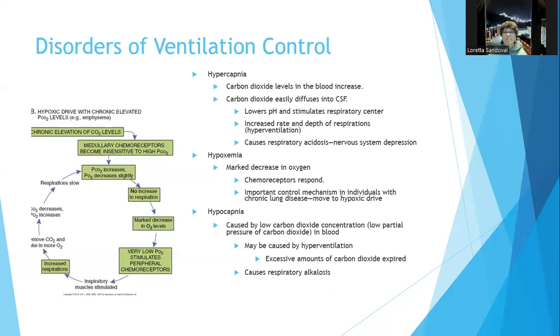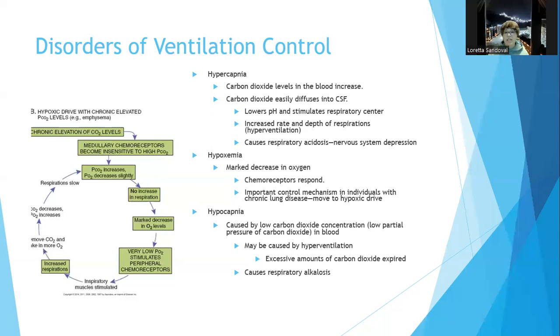Hypercapnia. So this is a little bit of terminology. Hypoxemia. So hypo is low, oxy is oxygen, emia is blood, so low oxygen in your blood. Chemoreceptors respond, important control mechanisms. With chronic lung disease, they move into a hypoxic drive.